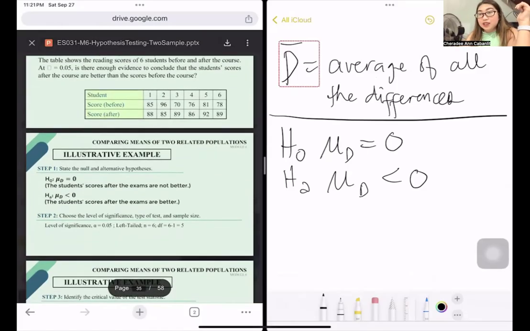Therefore, if the difference is less than 0, that means their scores are higher. Get it? Because if mu d is greater than 0, that means there's no difference at all because the scores are the same as the previous. So that's why it should be less than 0. So the mean difference is bigger, it's better than 0 now, so it's not the same anymore.